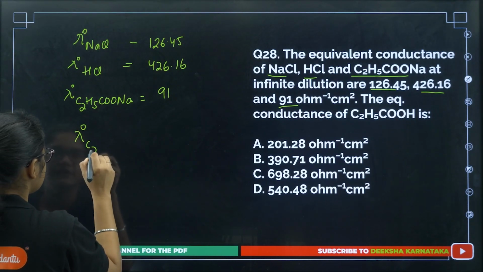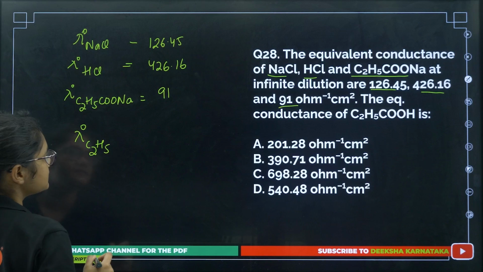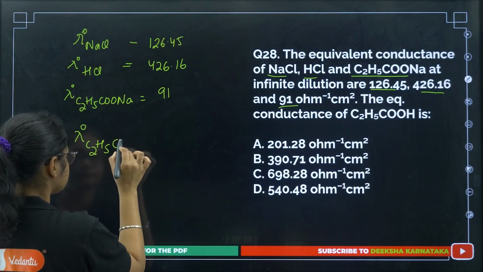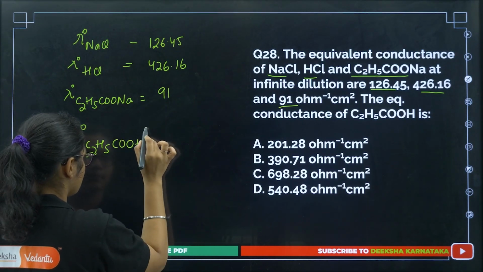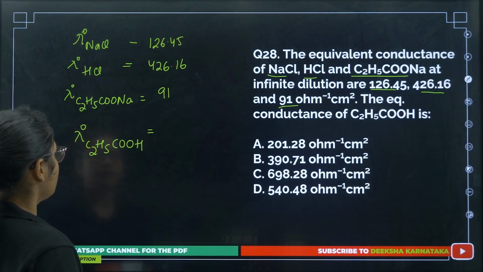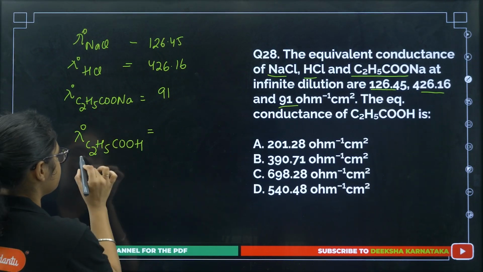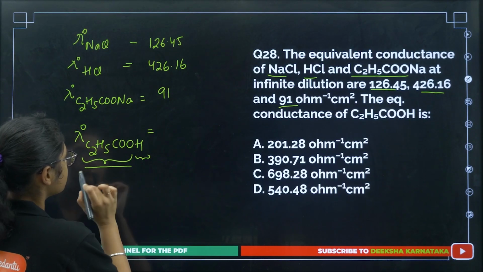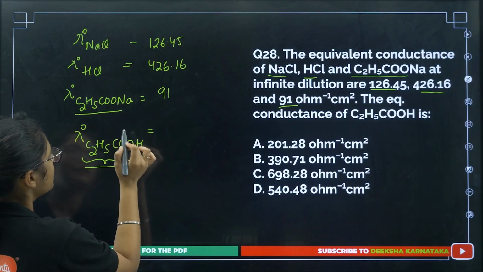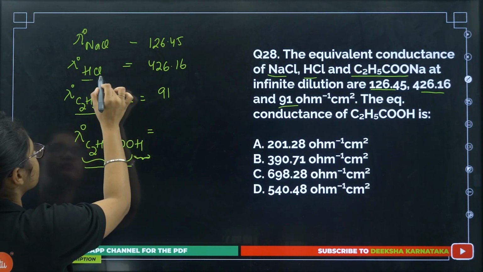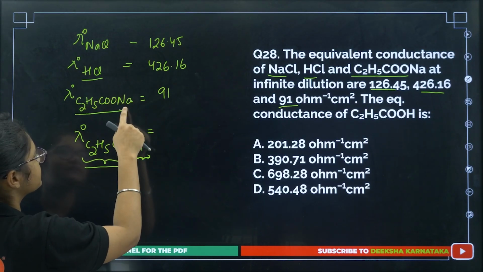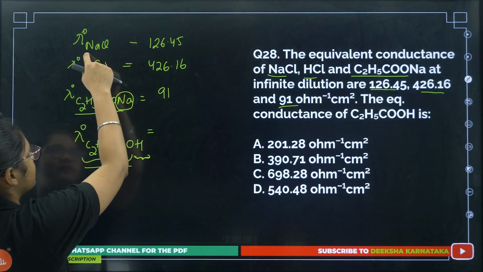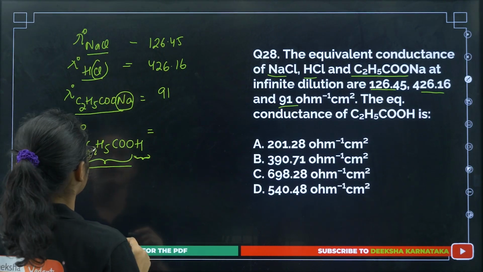It is C2H5COOH. Okay, so now I see we want this part and this part, right? So from where will I get this ion? I'll get it from this one, right? From where will I get H? I'll get it from this one. Now when I add these two, the extra thing that is produced is NaCl, so I have to subtract this one.